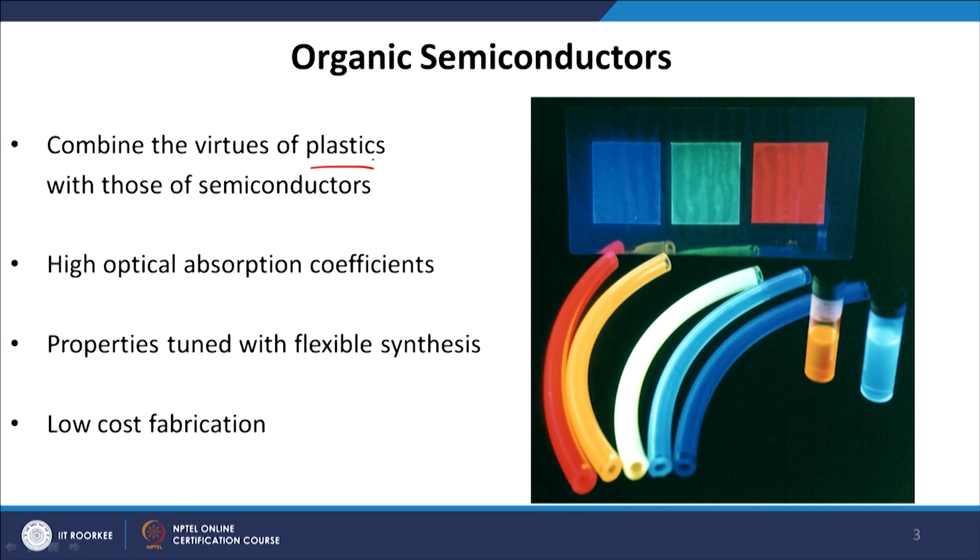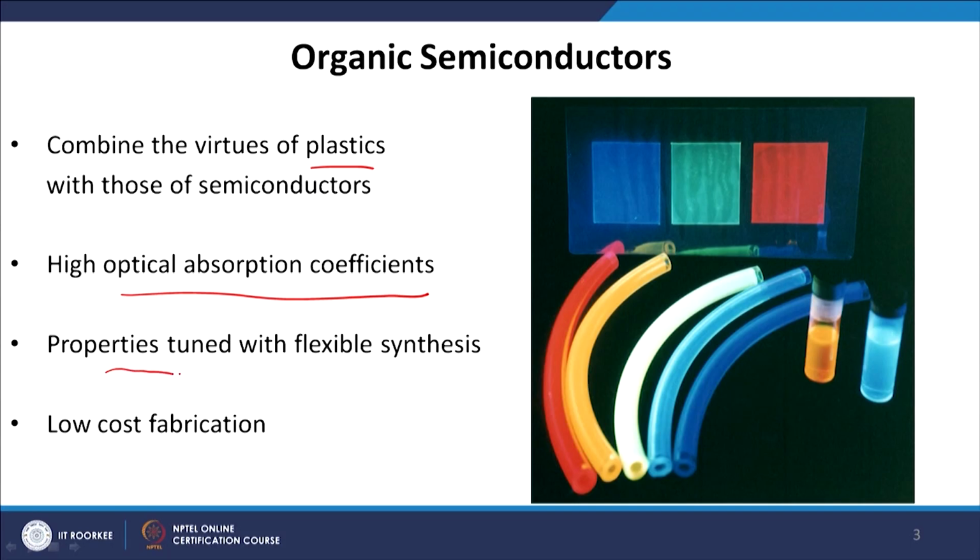The second important property of organic semiconductors is a high optical absorption coefficient. As you have seen, if the absorption coefficient is very high, the light absorption per unit length is also very high. The third thing is that you can tune the properties with flexible synthesis methods.